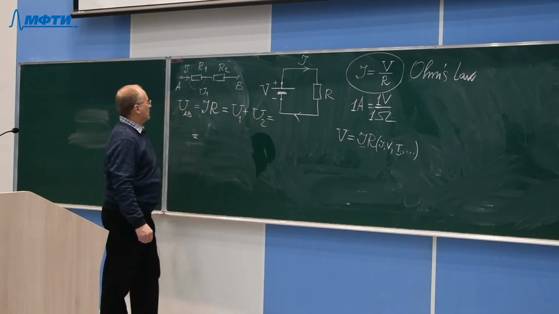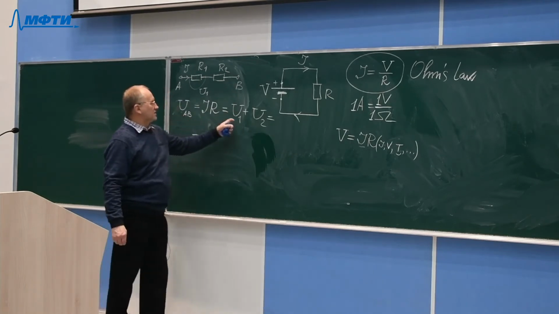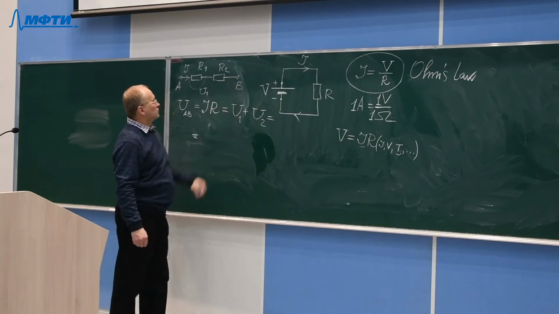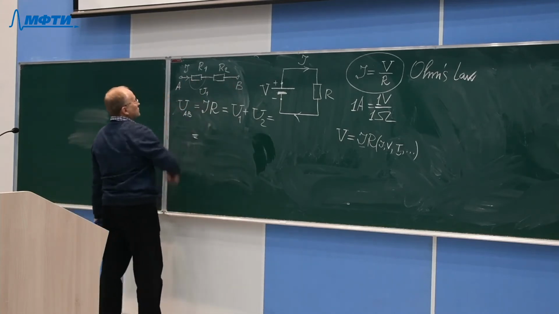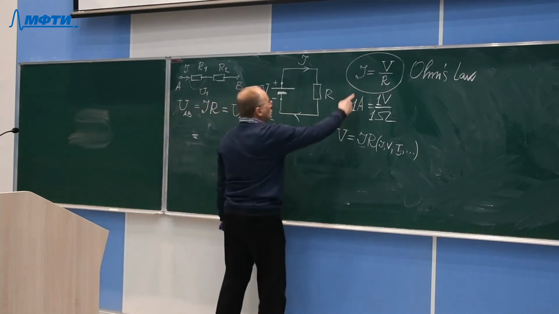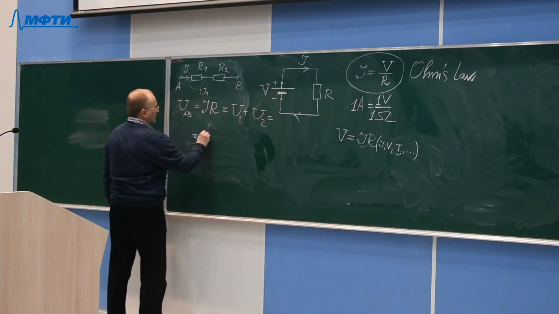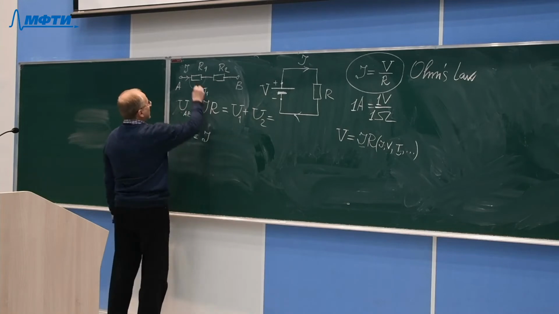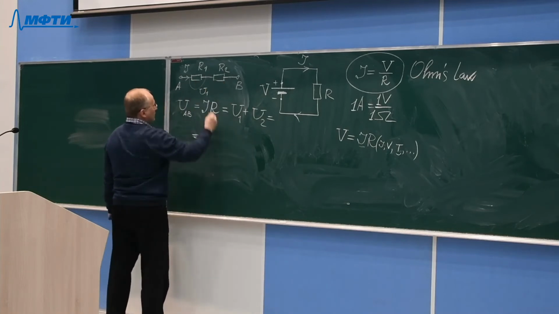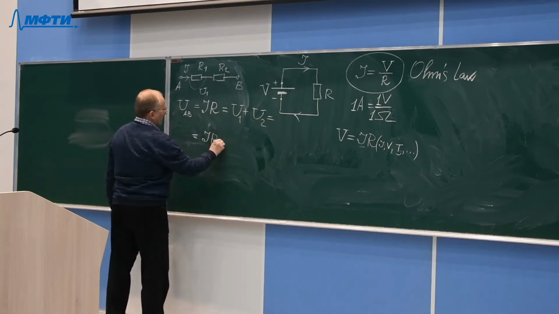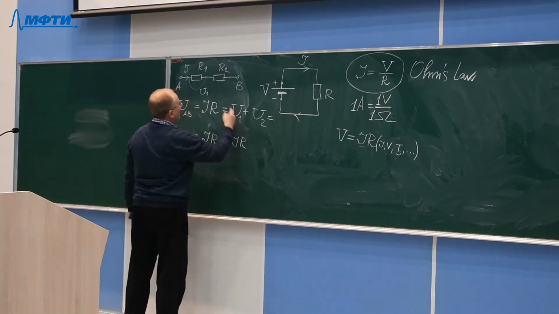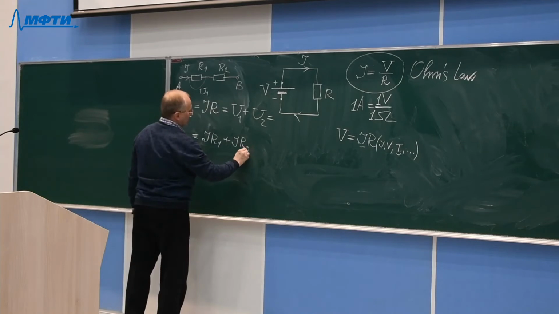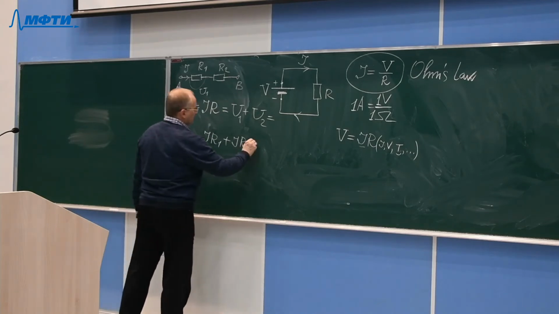That's why the total potential difference equals the sum of potential differences on these two elements of the circuit. But the potential difference on the first resistor, due to Ohm's law, can be expressed as the electric current which flows here times the first resistor, and the potential difference on the second resistor is the electric current which flows here times the resistance of the second resistor.